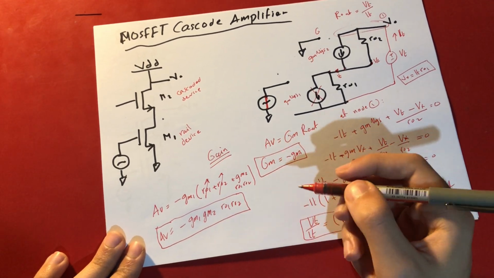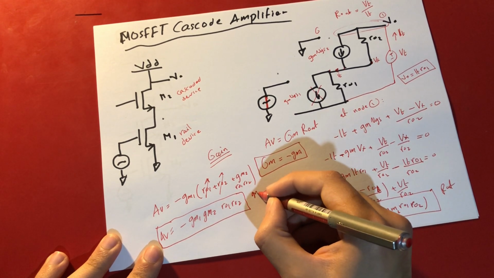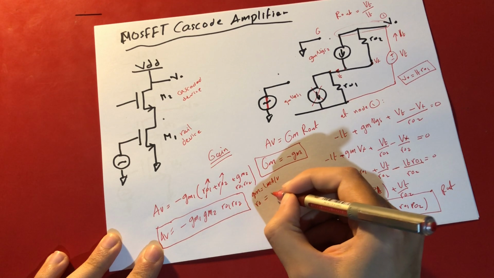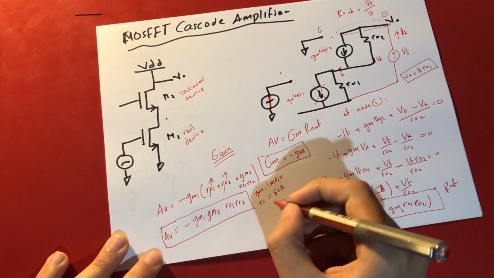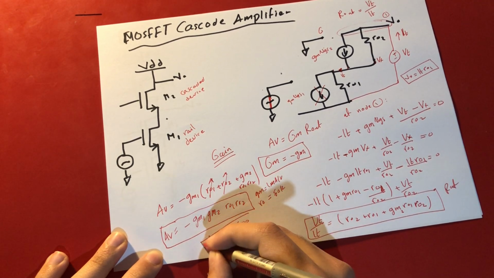Now let's use the same numbers. GM is equal to 1 milliamp per volt. RO is equal to 50 kilo ohms. So now AV is about 2,500.